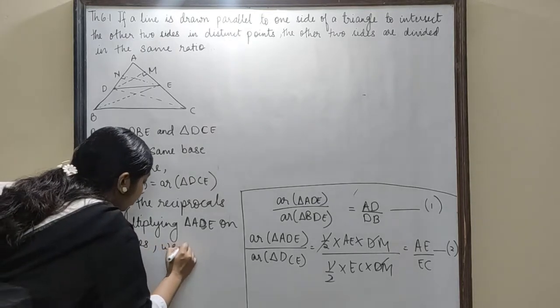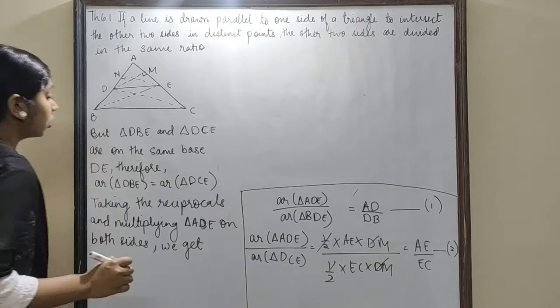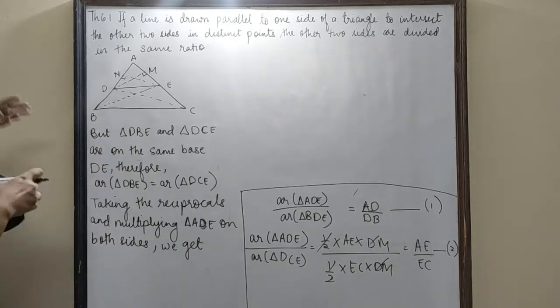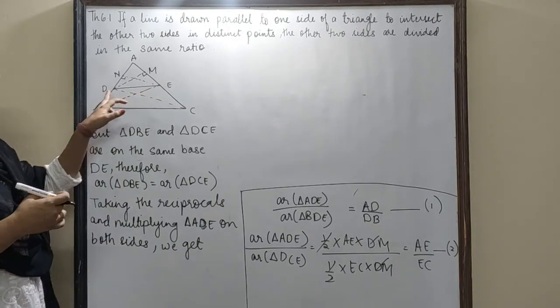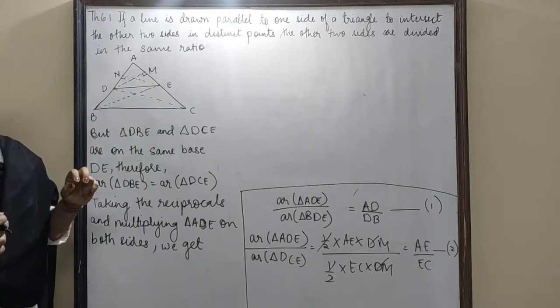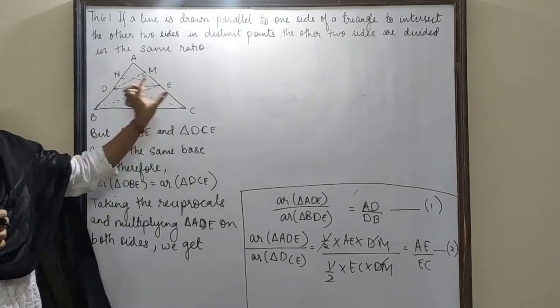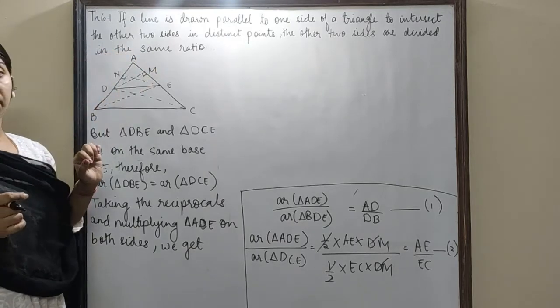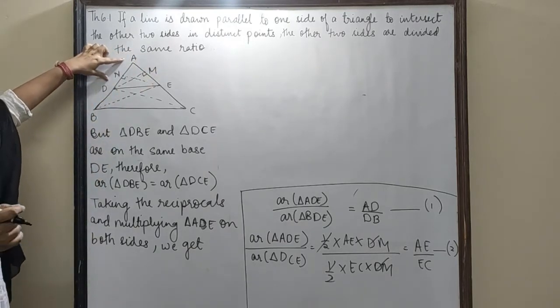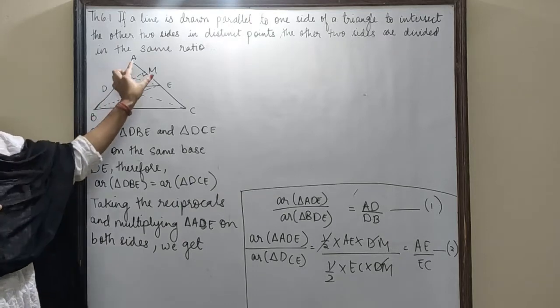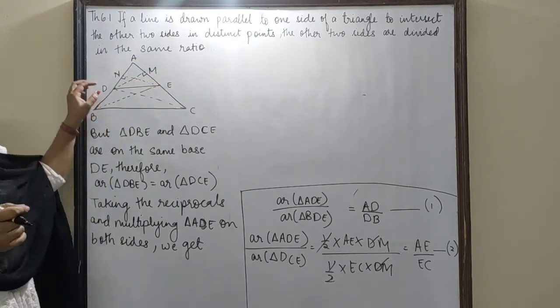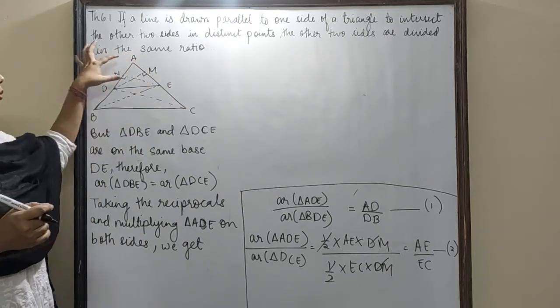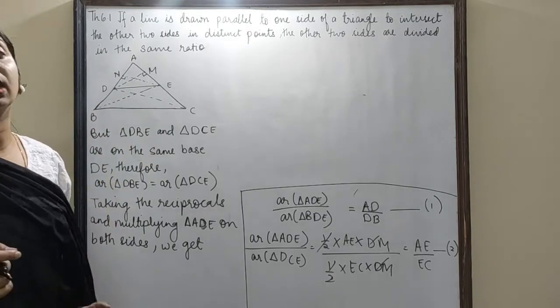Now, why is this important, children? We know that the area of triangle DBE is equal to area of triangle DEC. But what about AD and AE? We have to prove AD upon DB is equal to AE upon EC. Until and unless these both things get proved, the whole theorem is incomplete.